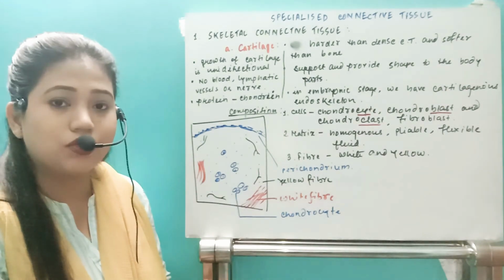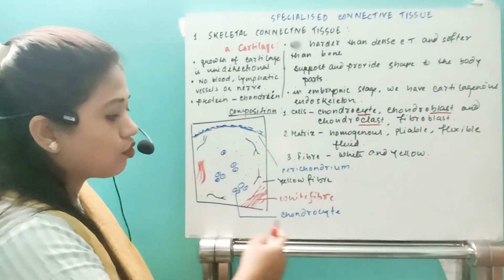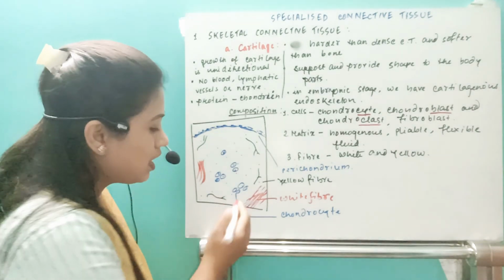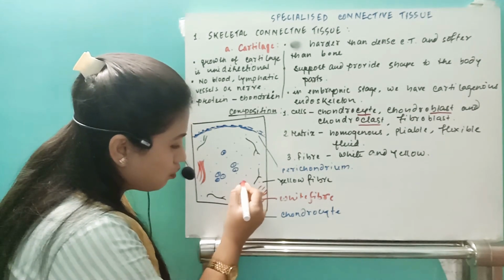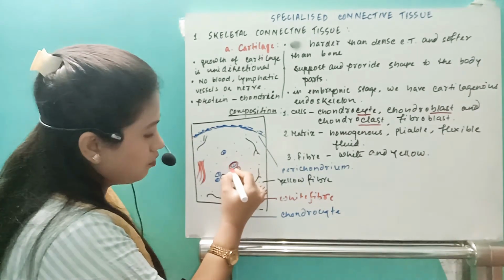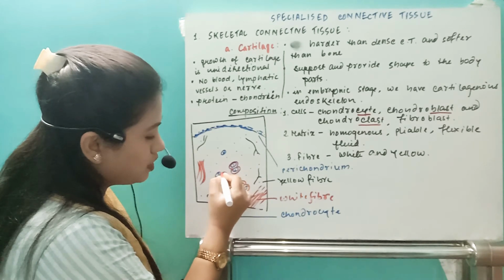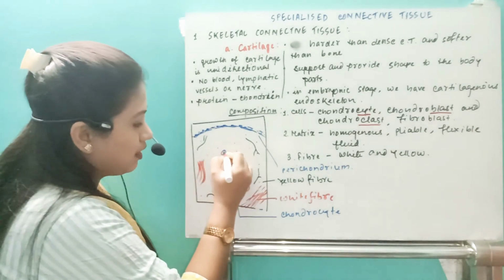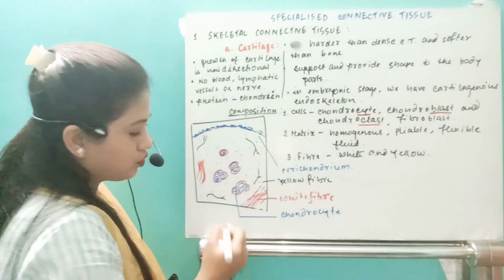This is very important, that these chondrocytes are present within a fluid filled cavity, and this cavity is known as lacuna. Remember that there will be a fluid filled cavity which is going to surround the cell, the chondrocyte.